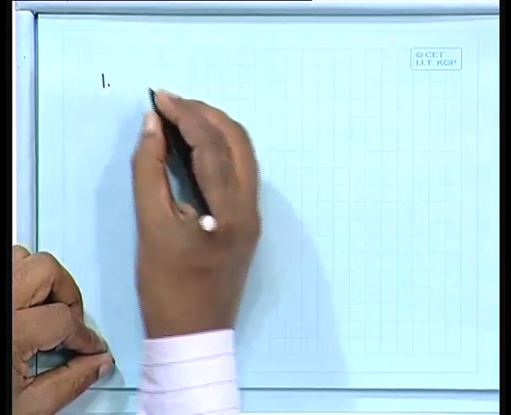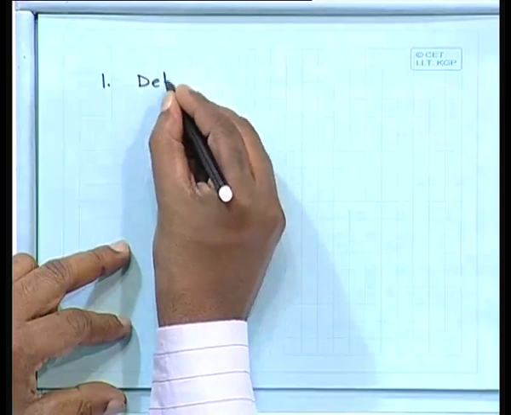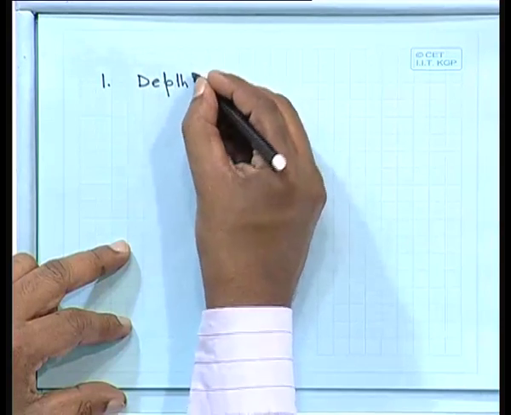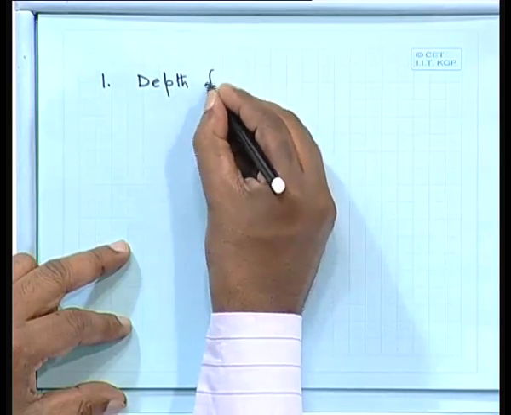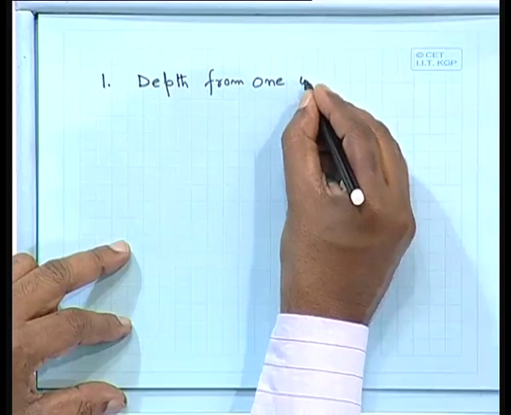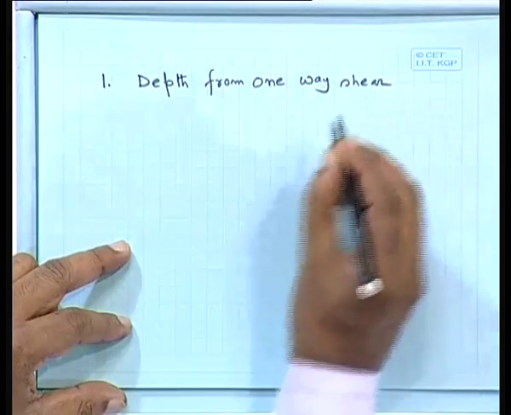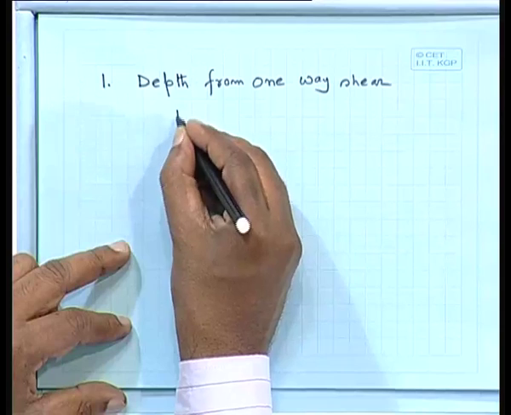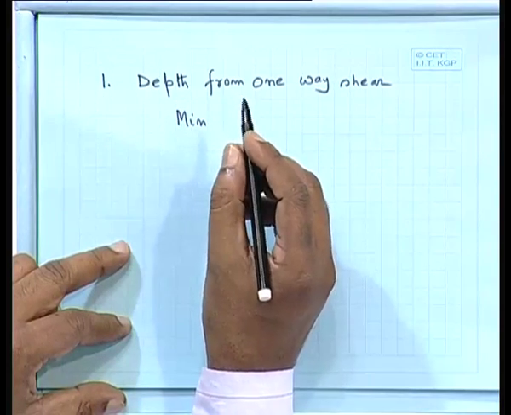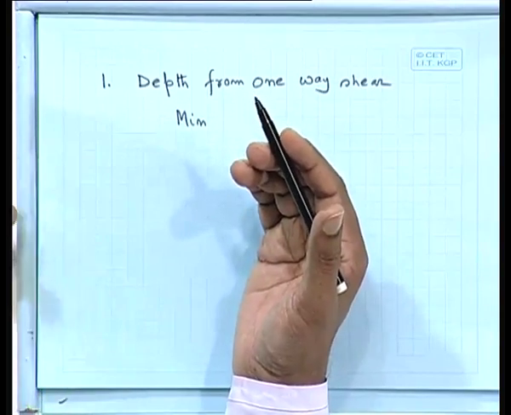We can calculate depth. So, depth from one way shear. We are assuming minimum shear, though it could be less, like 0.28, but since we are using tensile steel, we can increase the shear stress a little bit.